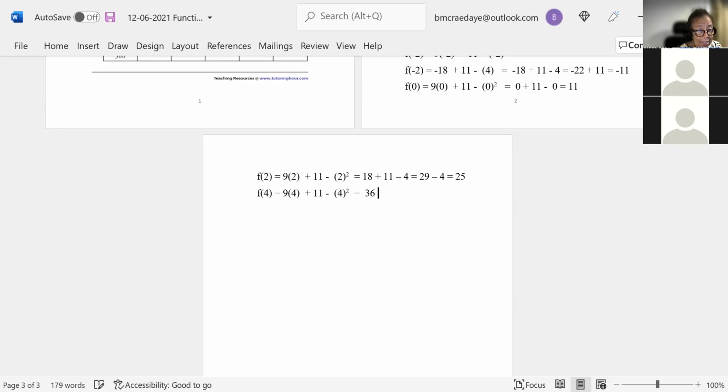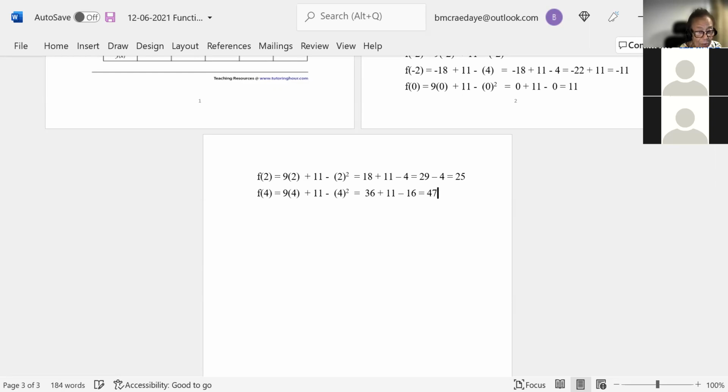So it's 36 plus 11. And what's 4 times 4? 16. That's it. Now, what is that equal to? So that's 36 plus 11 equal what? 47.